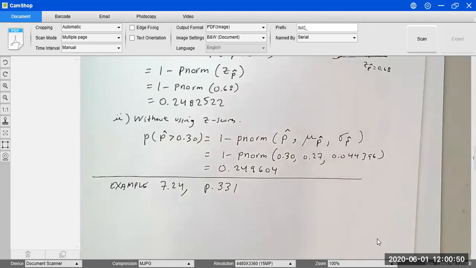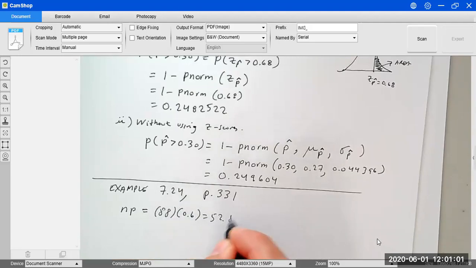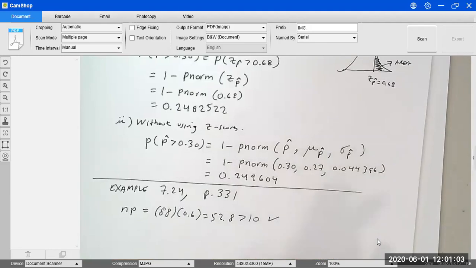So let's write that down. We know that np equals 88 times 0.6 is 52.8, which is greater than 10, so perfect.